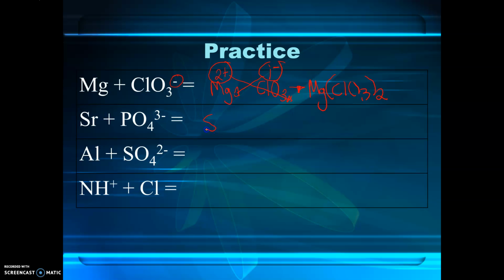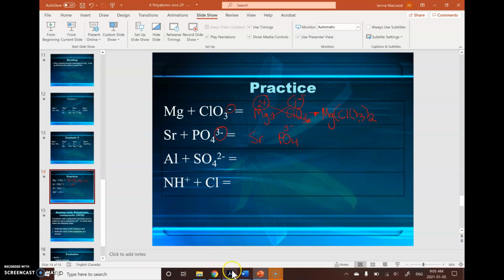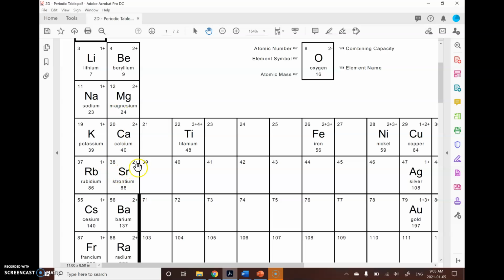Okay, so Sr and PO4. Its charge is a 3 negative. And I'm going to have to take a look at Sr's charge. Take a look here. It's a 2 plus strontium.